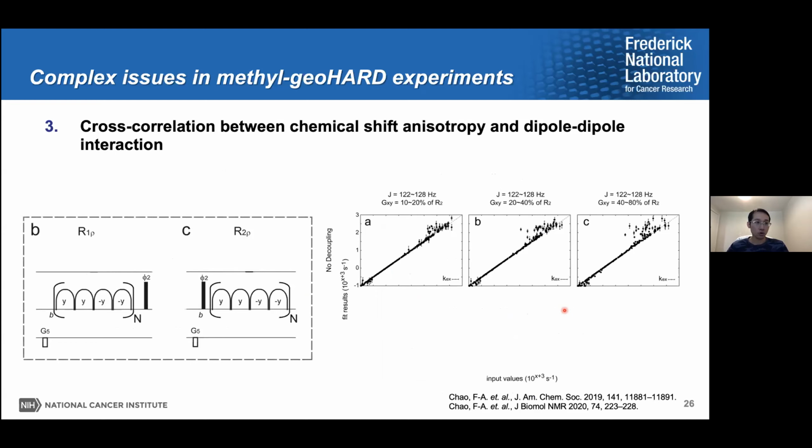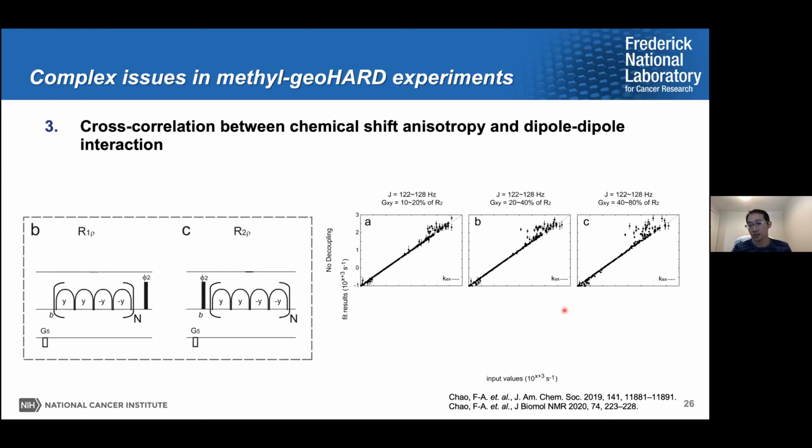It's not really small, because while you cancel out your cross correlation among dipole-dipole interaction, your R2 decreases, then this effect becomes significant in some of your systems or some of your methyl groups. Okay. So we have to deal with it.